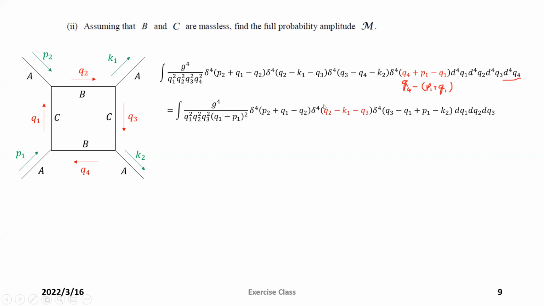So here, it's Q4 minus Q1 minus P1. Yeah, so we just replace all Q4 by Q1 minus P1.